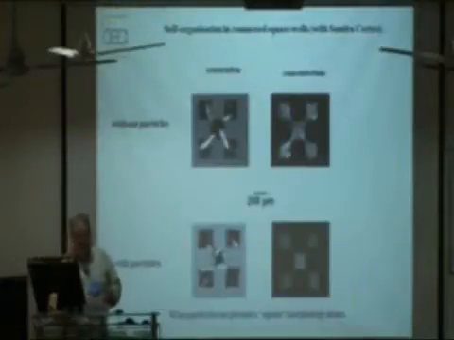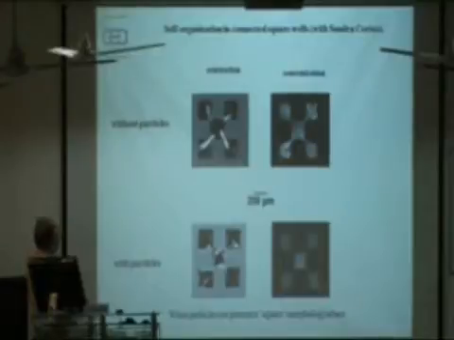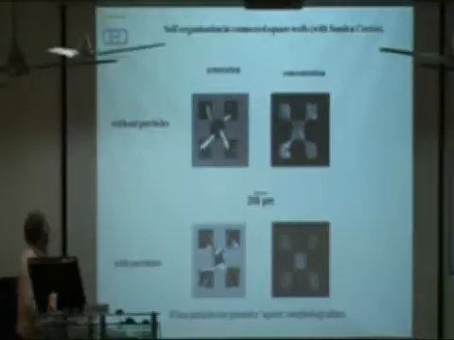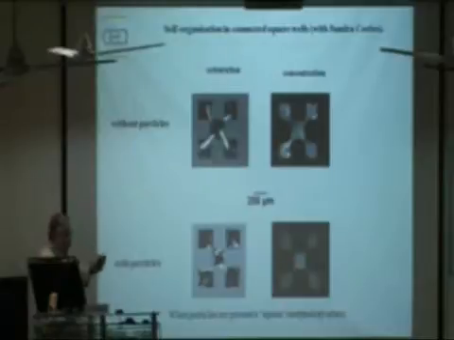Now, this is a slightly different experiment. It's a bit more complicated. What we've done here is we've taken a geometrical arrangement in which 5 squares are connected together at the corners. And in the first experiments, they were done in the absence of colloidal particles.